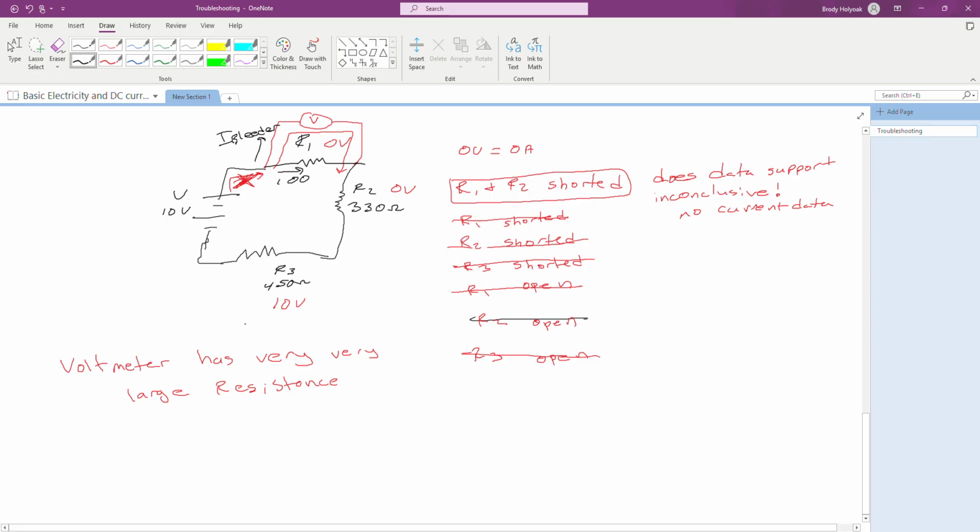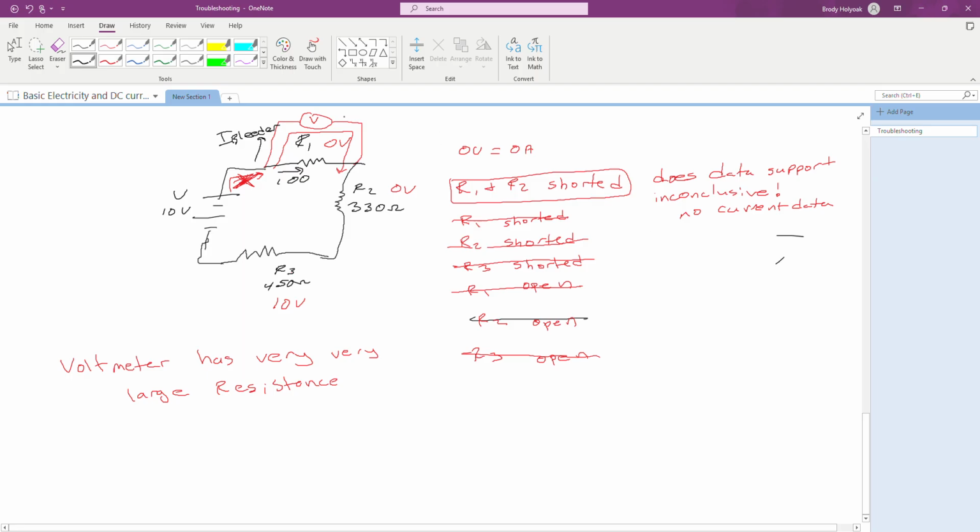Also, when I put things in parallel like this and give current options to pass through, the total resistance of these two components changes, and it's going to be smaller than my smallest value. So just plug that into the back of your brain: in a parallel network, the total resistance for that branch is going to be smaller than whatever my smallest value is.